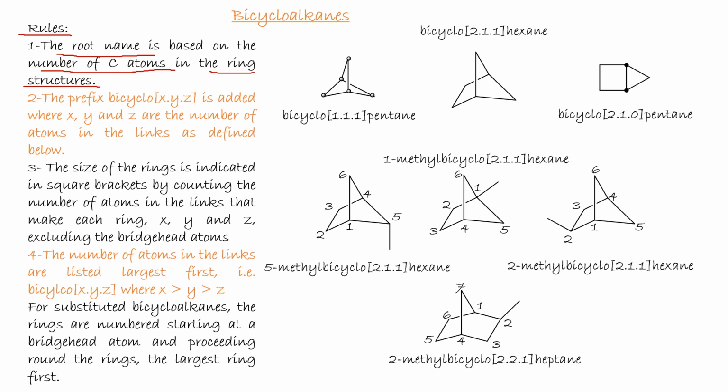So the root name will be pentane. 1, 2, 3, 4, 5, 6 carbons, it's hexane. 1, 2, 3, 4, 5, pentane.